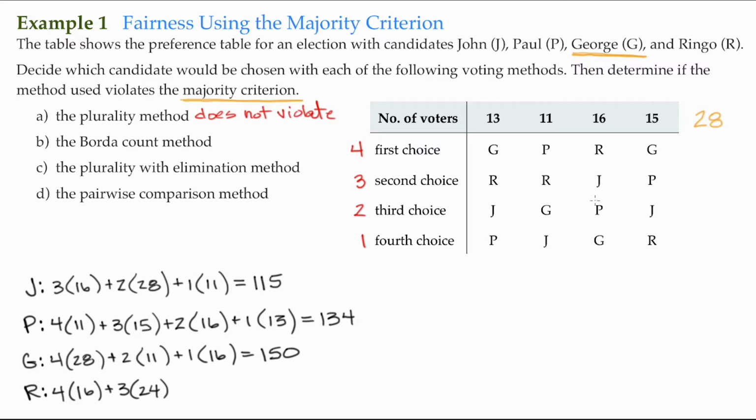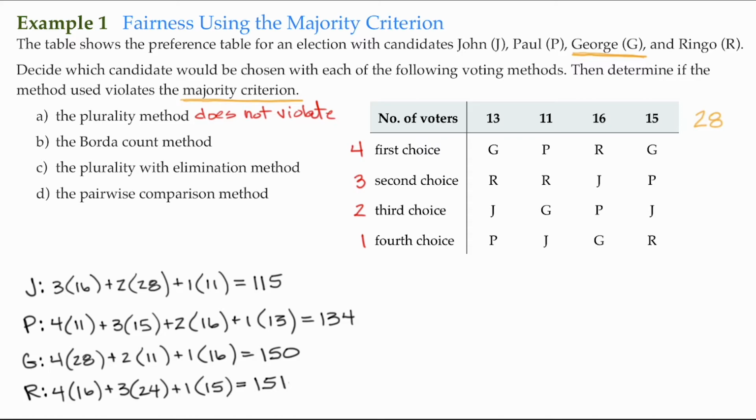Ringo does not get any third choice votes, so we won't worry about it. And then, of course, Ringo has 15 fourth choice votes here. Of course, we tally it all up, and this comes out to be 151 points.